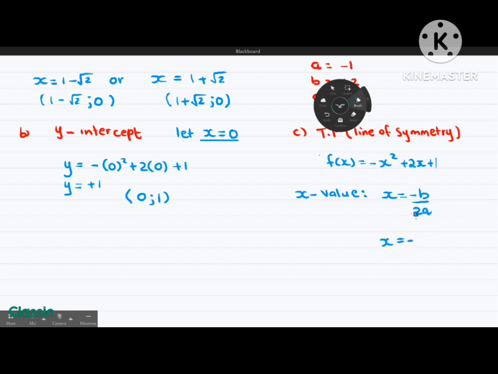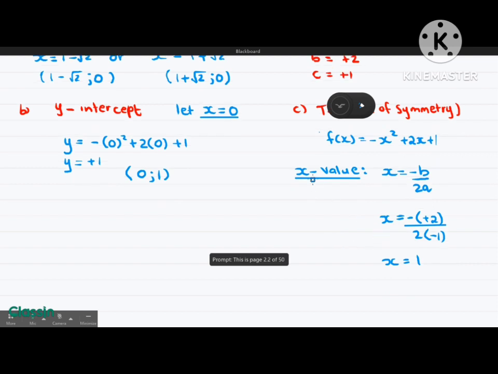B is positive 2, open bracket, positive 2 divided by 2. How much is your a? A is negative, then for that we put negative 1, then x equals 1. Now, this is the x value of our turning point.